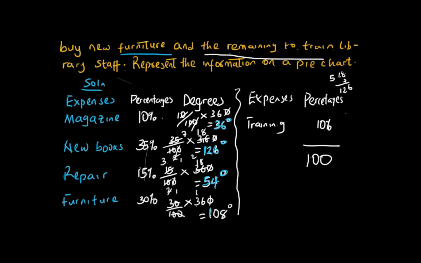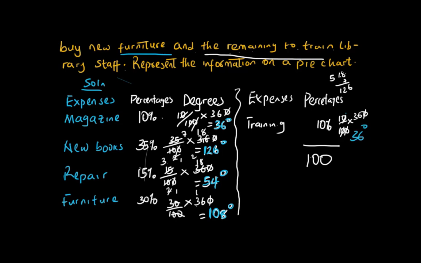Let me write this in blue too so we can see it. Then lastly, we have for this 10 over 100 times 360. 0 cancels 0. 0 cancels 0. So we have 36 degrees. So this last one gives us 36 degrees.